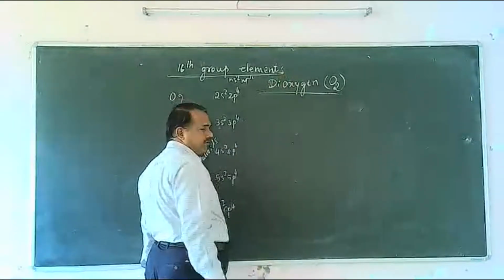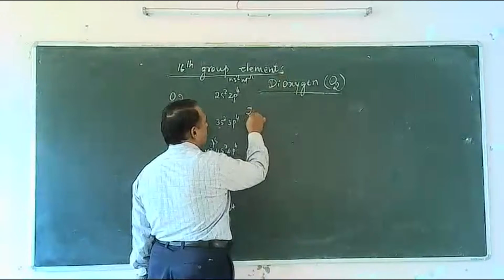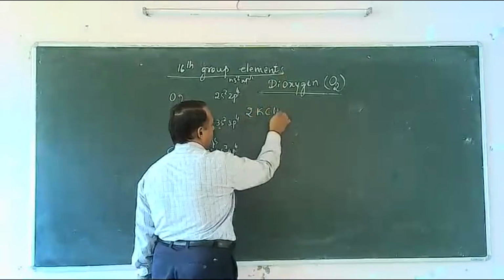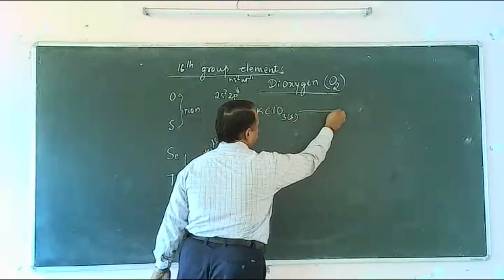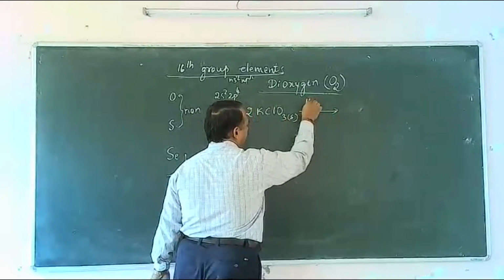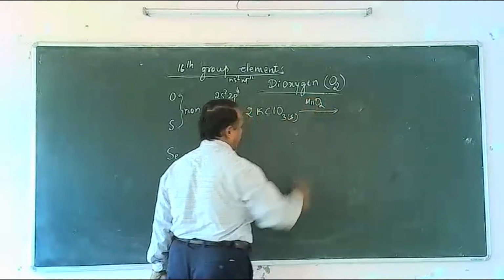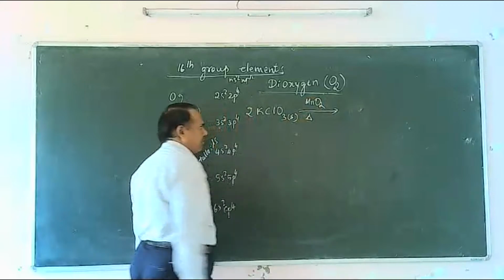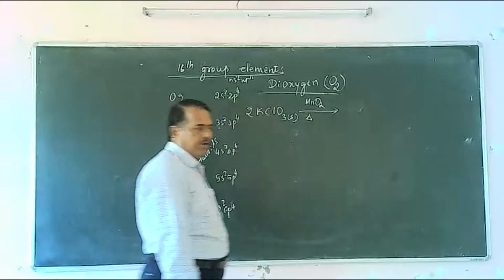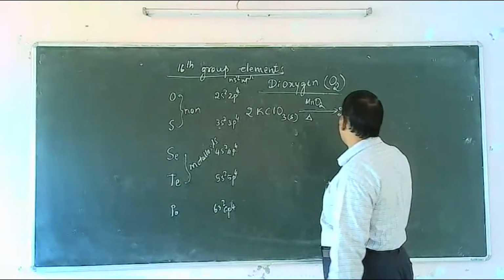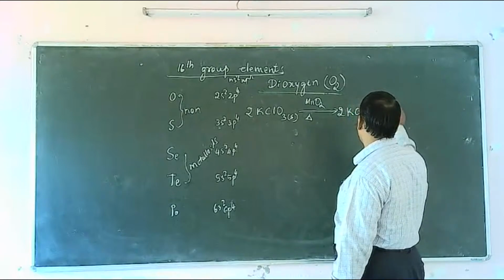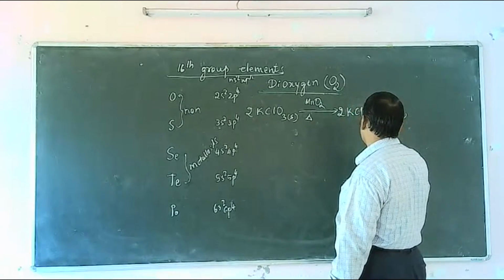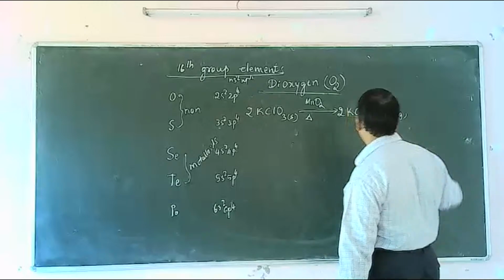Preparation of dioxygen gas: 2KClO3, potassium chlorate, which is in solid state, in the presence of MnO2 as a catalyst, and we heat. So we'll get 2KCl plus 3O2.